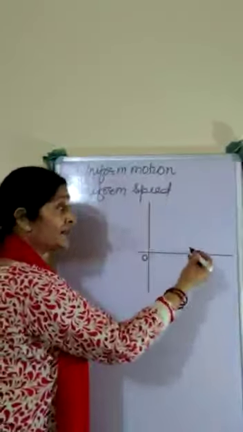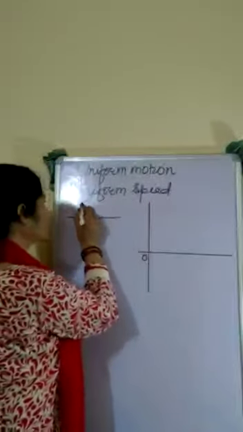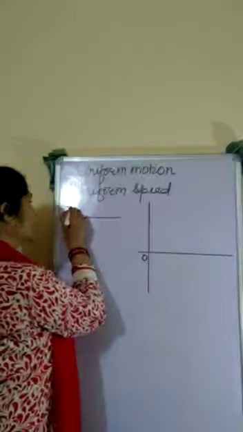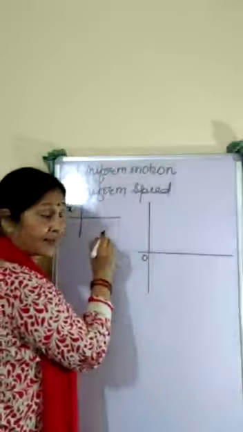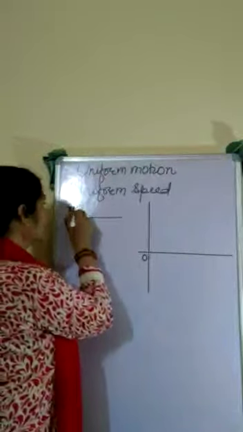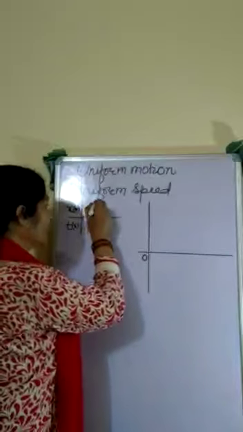For this, let us assume a situation. This is the distance, which we represent by x, and this is the time. Distance is measured in meters and time is in seconds.